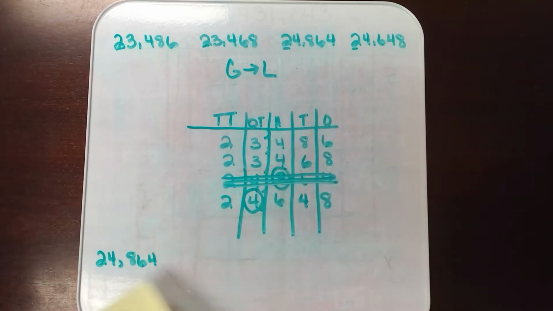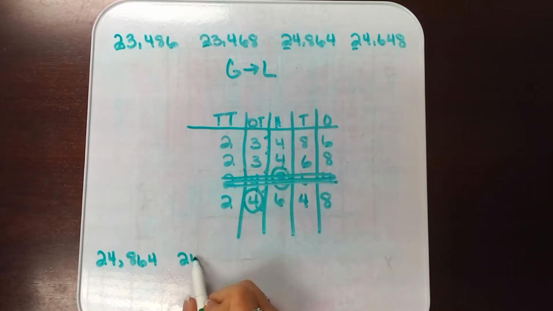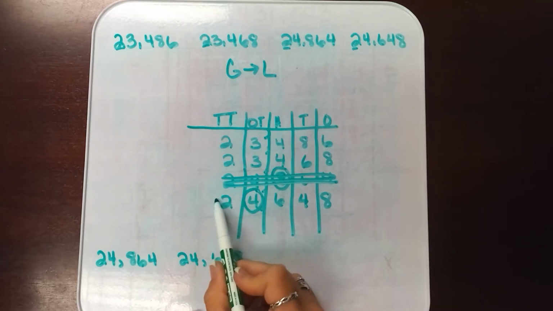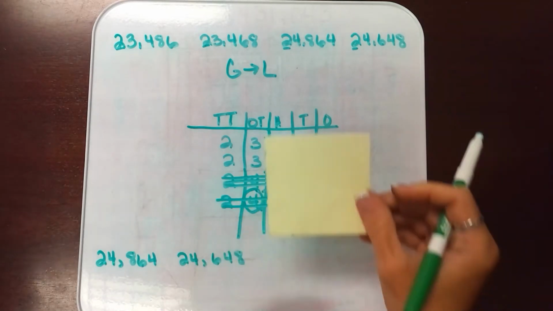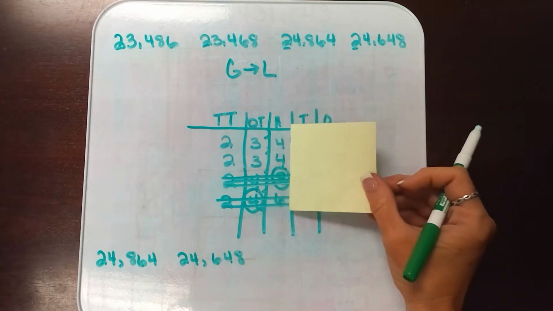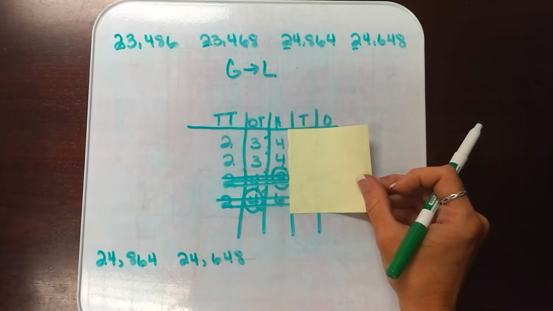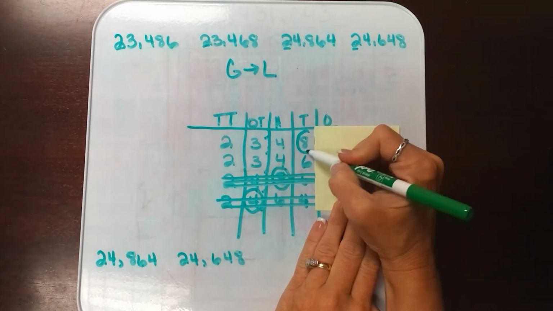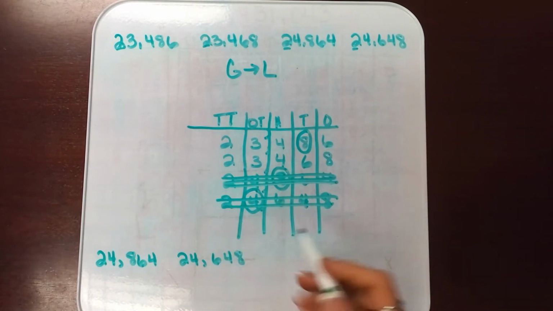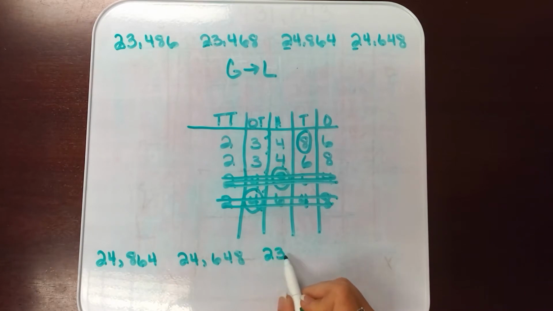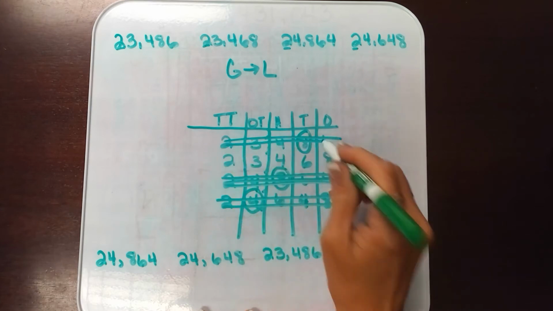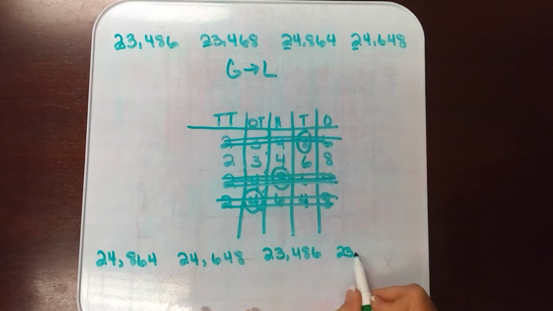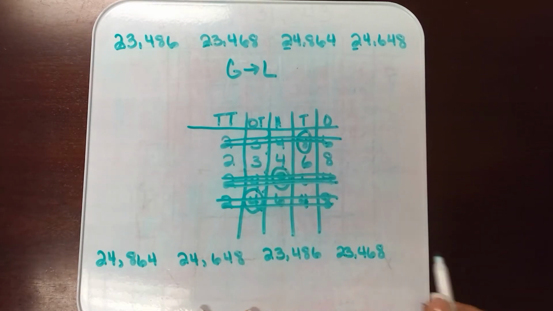Circle it, and then I take the sticky off, or whatever I'm using, index card, doesn't really matter. Then I cross that off. So then I just have 23, 23, 234, 234. Oh, the 8's larger than the 6, so I circle it. And now there's only one left, so I write that one down.